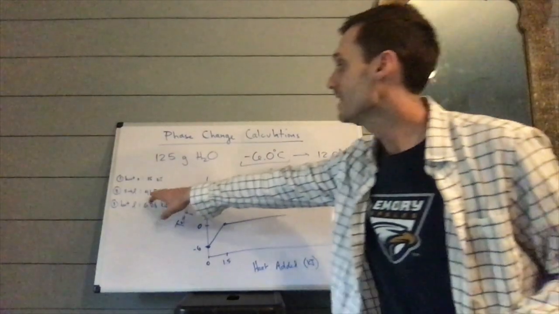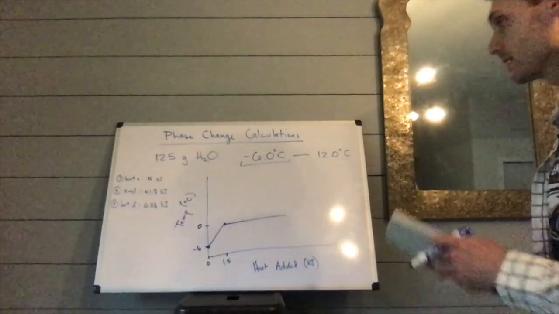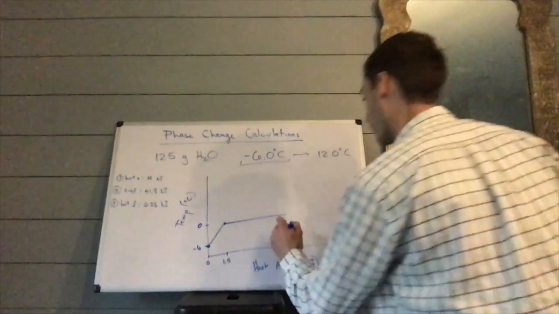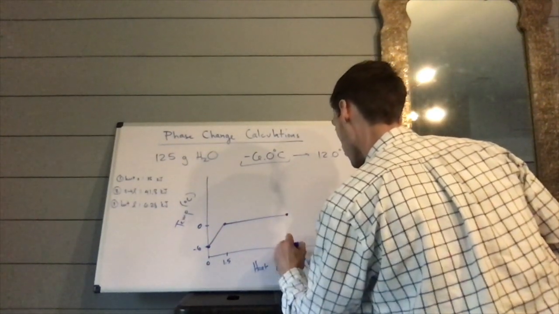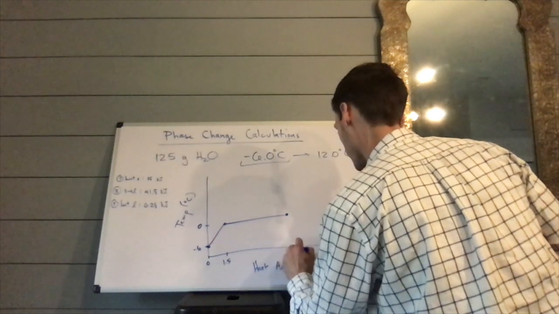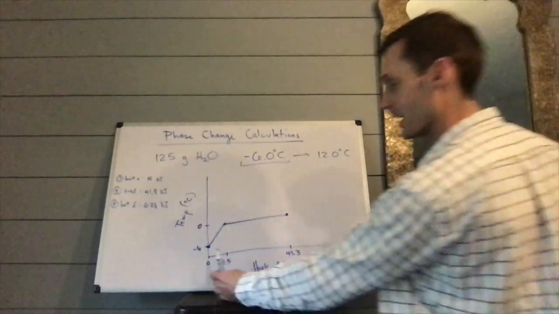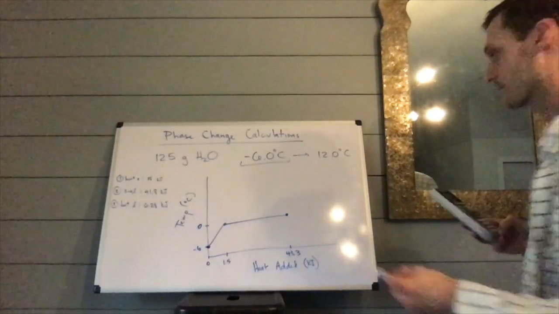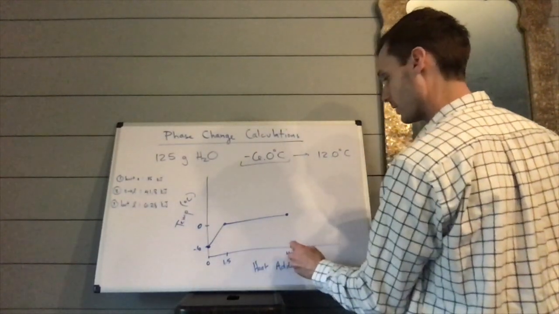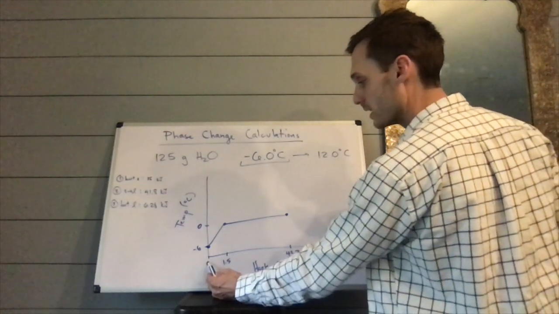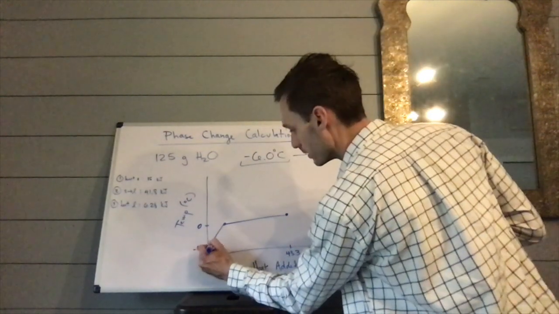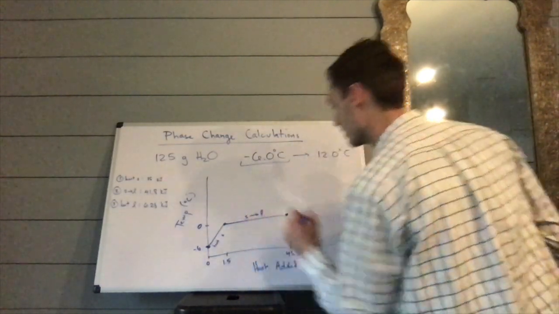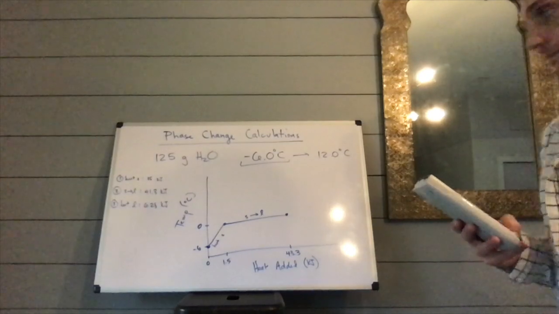Now we're adding another 41.8 kilojoules for a grand total of 43.3 kilojoules. This is just a running tally of the total amount of energy that we've used. So at 43.3 kilojoules of heat added, we've done the heating of the solid, and we've also done the solid to liquid phase transition.